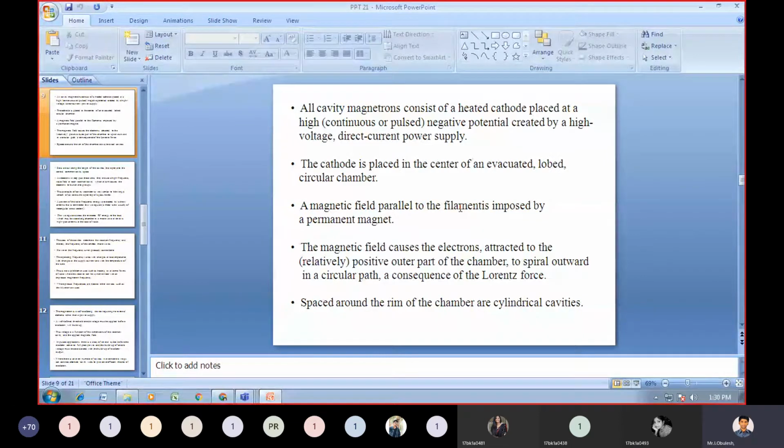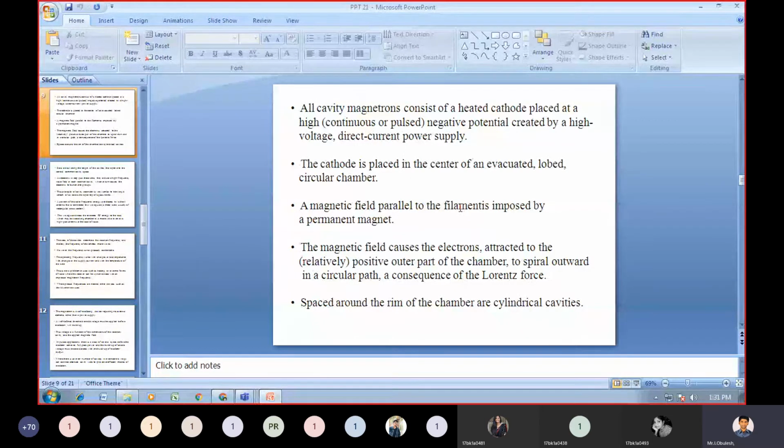The cathode is placed in the center of a lobed circular chamber. A magnetic field parallel to the filaments is imposed by a permanent magnet.